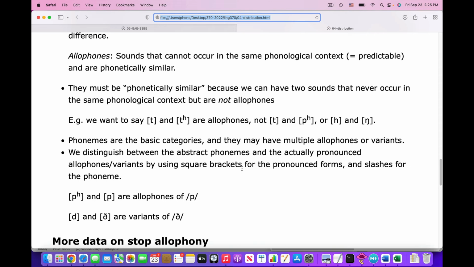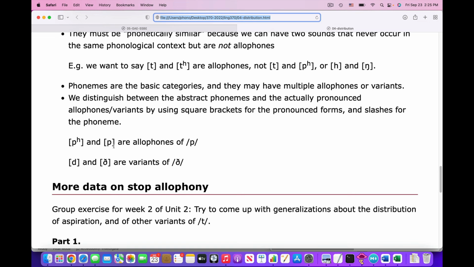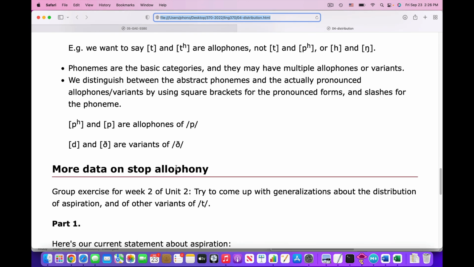But we don't call them allophones because they're not phonetically similar. An important point of transcription practice here is that we use square brackets for the allophones and slashes for the phonemes. So these are the allophones of p. These are variants for an underlying the, for a speaker who has both of them in the same environment.